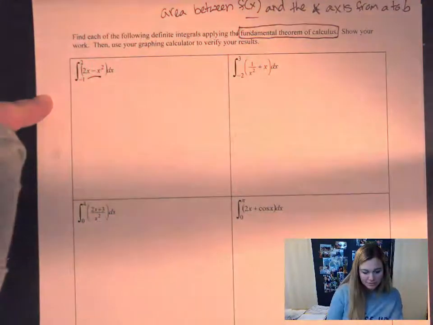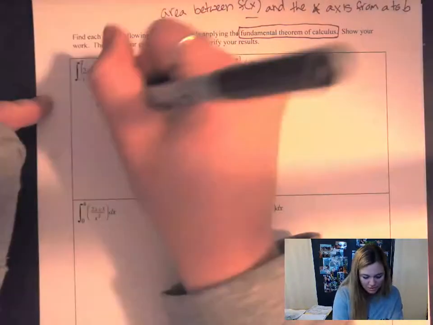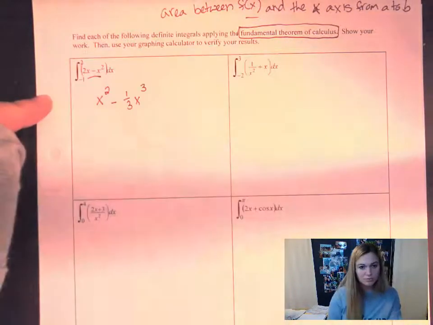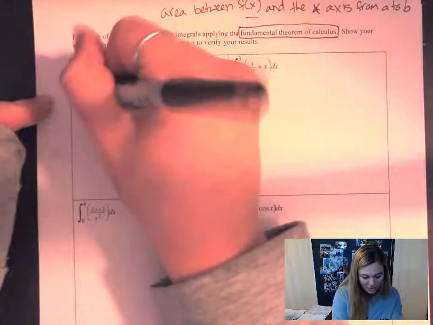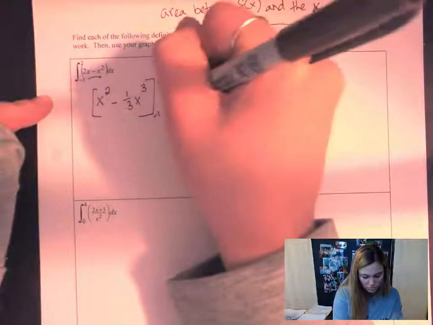this is 2x. I get x squared minus 1/3 x cubed. And I'm going to evaluate from -1 to 2.